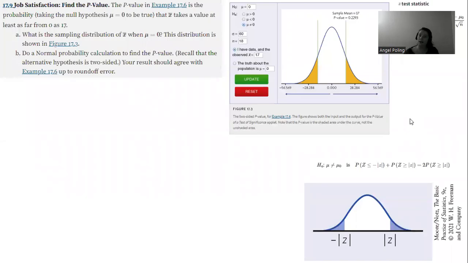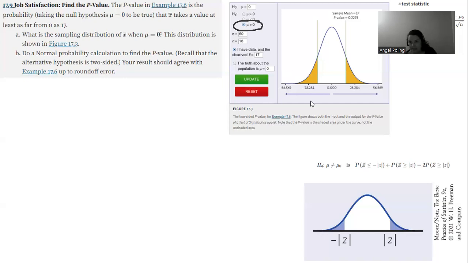Okay, in number 9, we have a similar situation. We were also looking at this example in the PowerPoint slides, the job satisfaction problem. And this one is a two-tail, which is different than the last one, because here we just don't think that mu is equal to 0, but we don't know if it's less than or greater than.